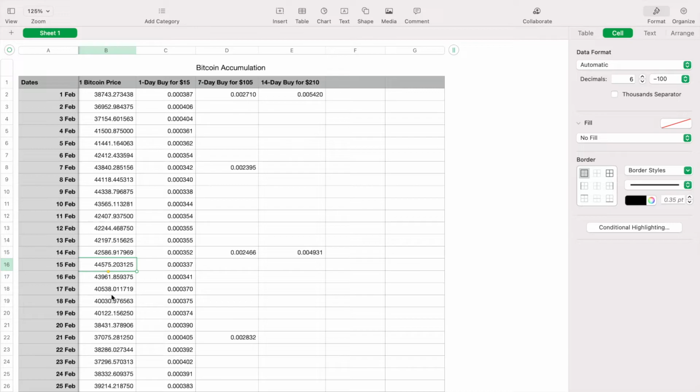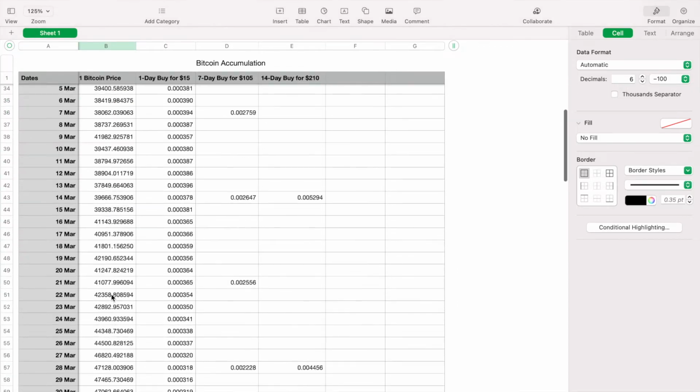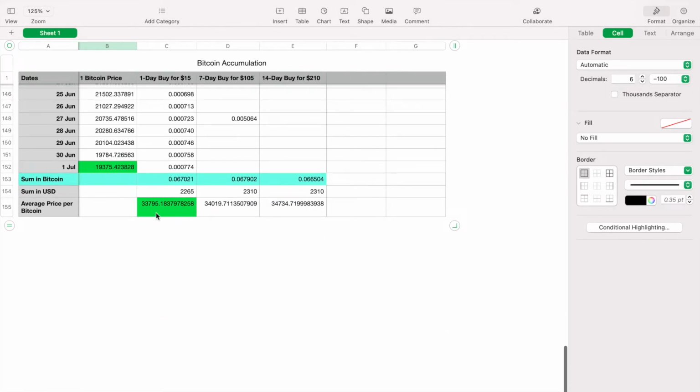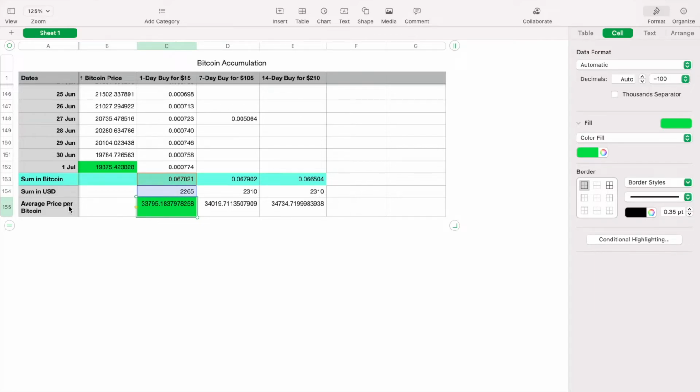At some point, the price was as high as $44,575. This strategy helped you to diversify away from buying Bitcoin at such a high price. Instead of spending a large amount of money and buying Bitcoin at $45K, you would have purchased it at every daily price level, and your average cost would be $33 or $34K.